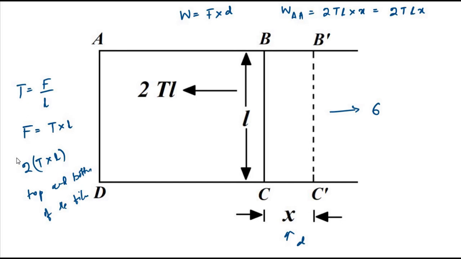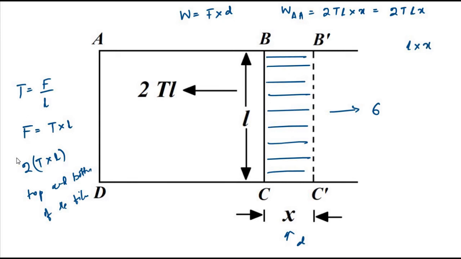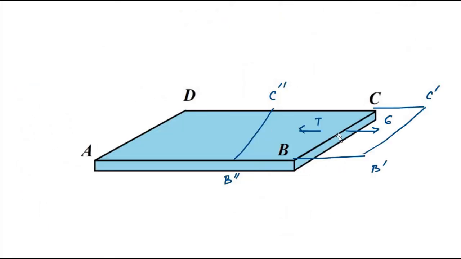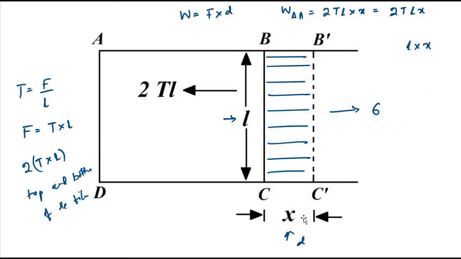Now the increase in surface area, this much portion, is simply L into x. BC is the length of this movable portion, which is equal to L, and x is the distance which is moved.